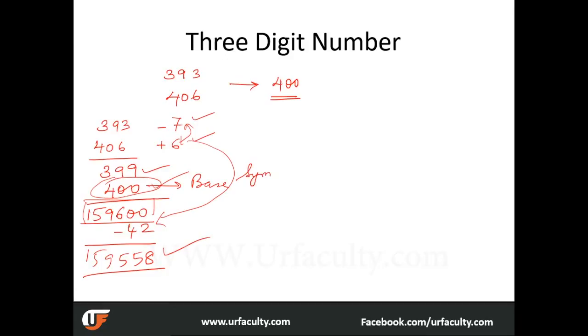Remember, it's important that you bring the symbol. You can apply the same concept for a 4-digit number or a 5-digit number or 2-digit number. Yes, it works.